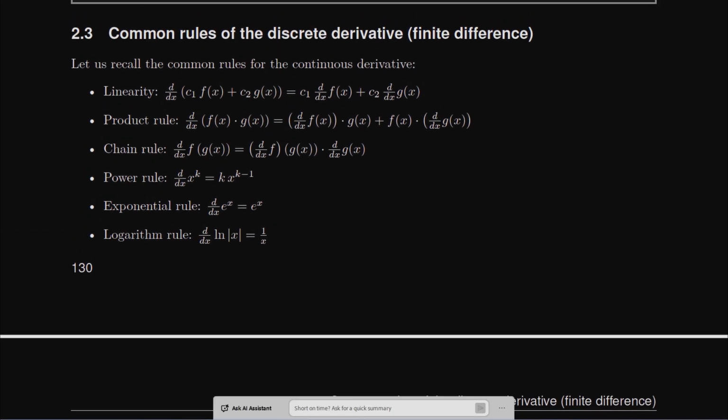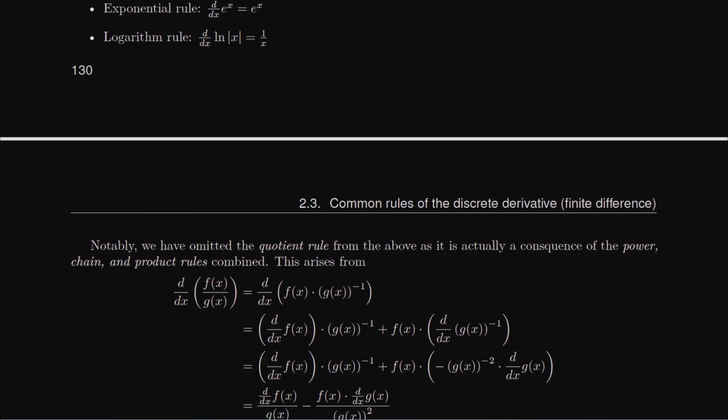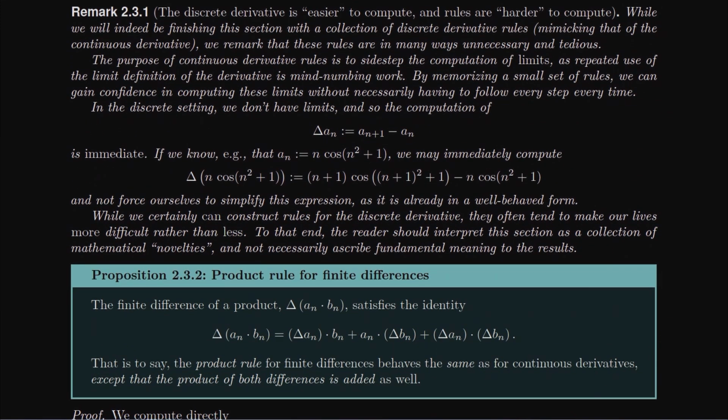The question becomes, is there anything we should do similarly for finite differences? And what I say with this first remark is, no, we really shouldn't find rules for finite differences. The point of the rules for derivatives, and I think you've all experienced this if I ever had you complete derivatives using the limit definition, is that for complicated functions, the limit definition of the derivative is horrendous.